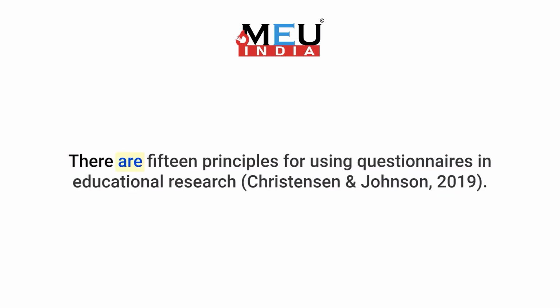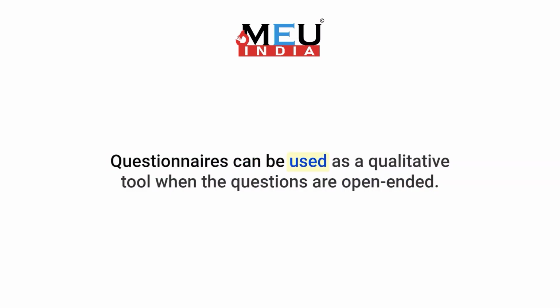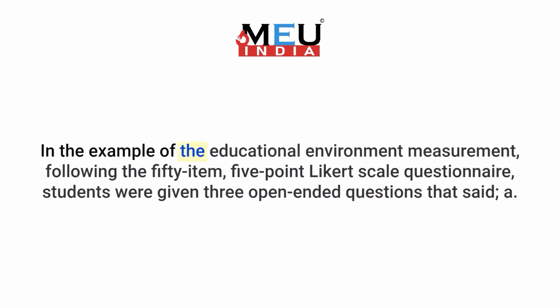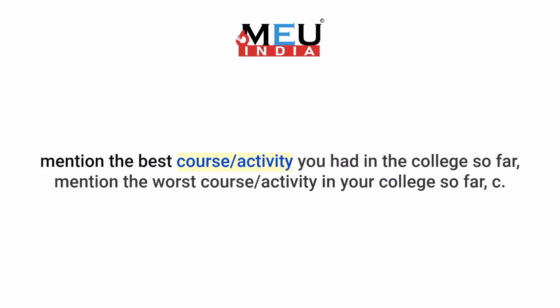There are 15 principles for using questionnaires in educational research. Questionnaires can be used as a qualitative tool when the questions are open-ended. In the example of the educational environment measurement, following the 50-item, 5-point Likert scale questionnaire, students were given 3 open-ended questions that said: A. Mention the best course activity you had in the college so far.